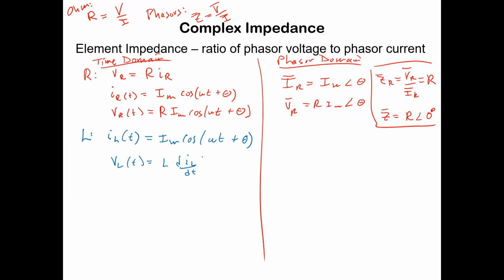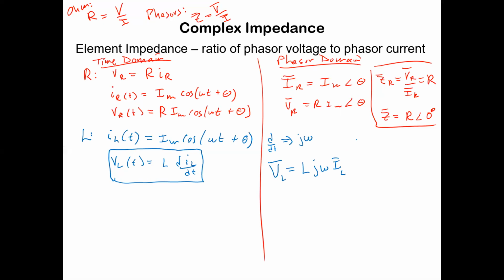That's basically Ohm's law for inductors in the time domain. But because the derivative is like multiplying a phasor by j omega, then the phasor VL is going to equal L times j omega times phasor I.